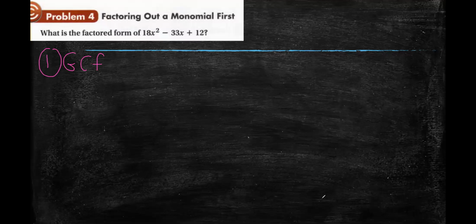So the first step, let's write the GCF for each monomial. I will write here 18x squared, 33x, and 12. I will write all the monomials here.